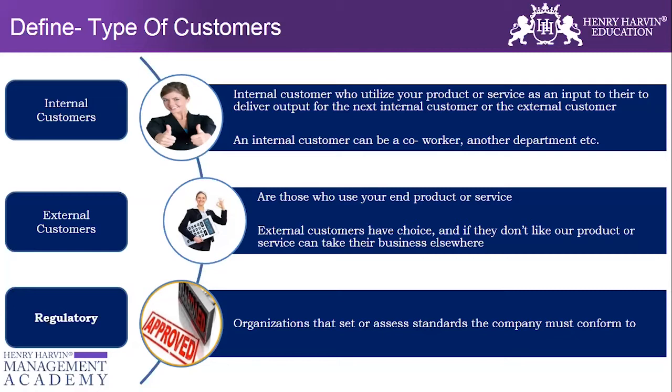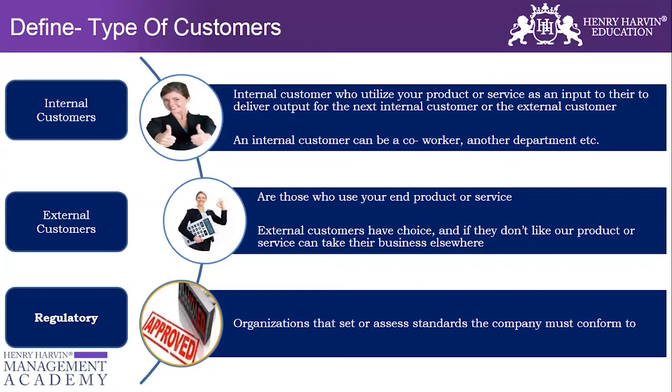External customers are the end users, and it is very, very important for you to understand that external customers have a choice. If they don't like your product or service, they can go anywhere. So it is very, very important to satisfy the need of the external customer, because the business impact and the profitability of the organization are 100% dependent on them.